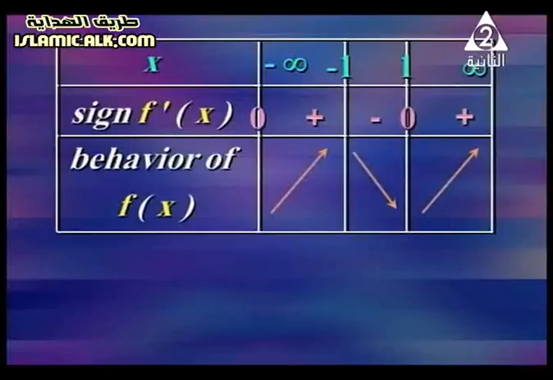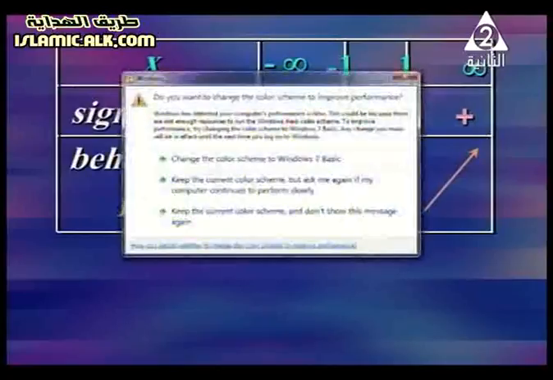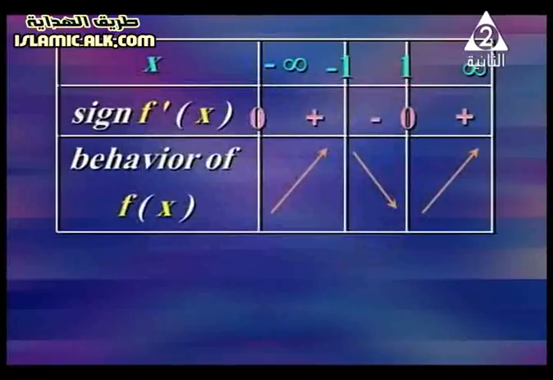Then in the second interval, from negative 1 to 1, the sign of f dash is negative. In this case, we say the behavior of the function is decreasing from negative 1 to 1. From 1 to infinity, the behavior of the function is increasing.